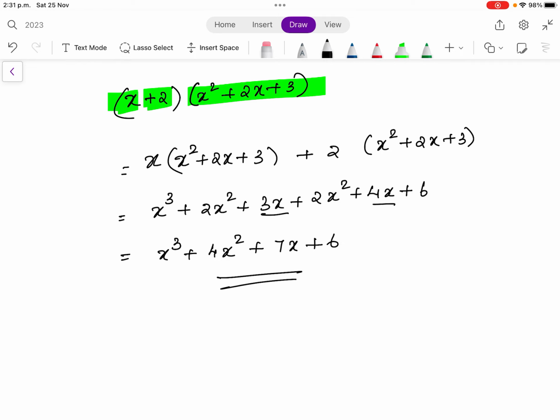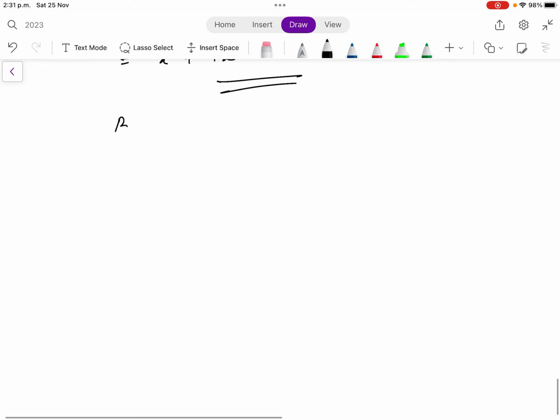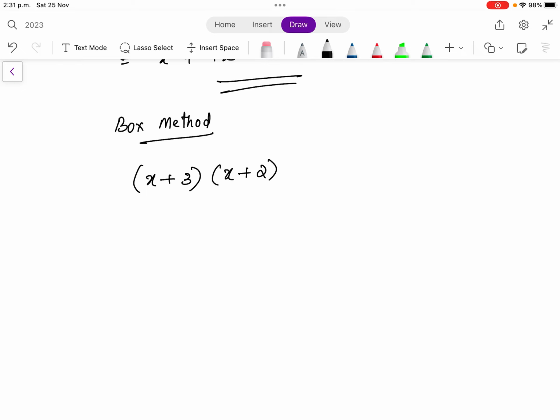The second method is called the box method. It is being taught in many of the schools here. It's also pretty easy. So (x + 3) times (x + 2).